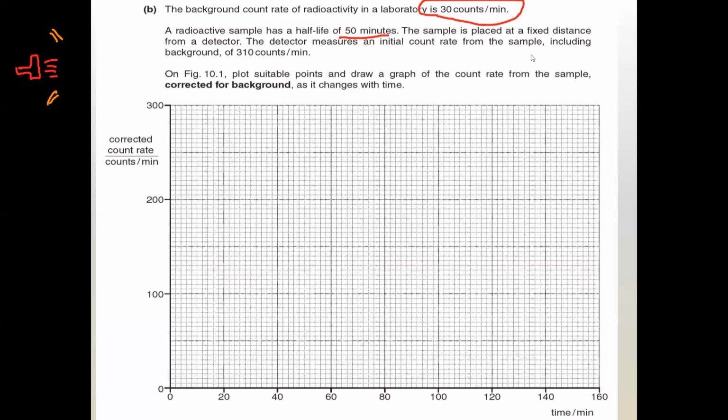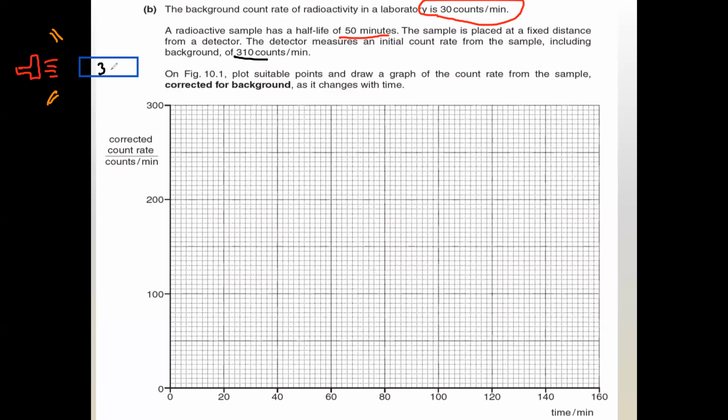So when the detector records the radiations, the total radiation, as mentioned here, the detector measures the initial count rate from the sample, including the background, is 310.